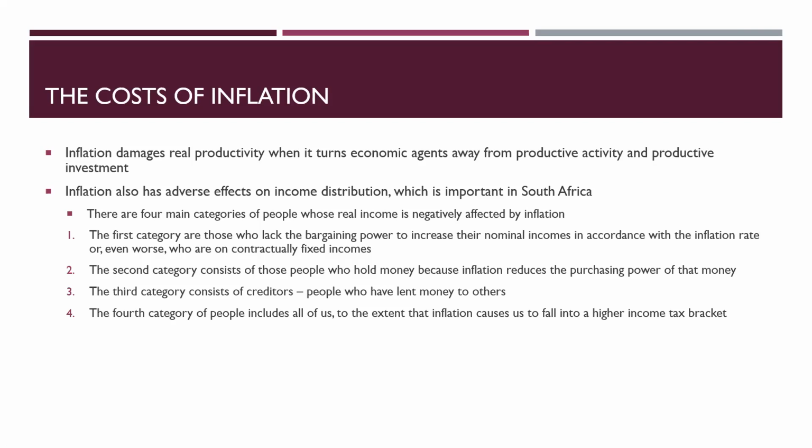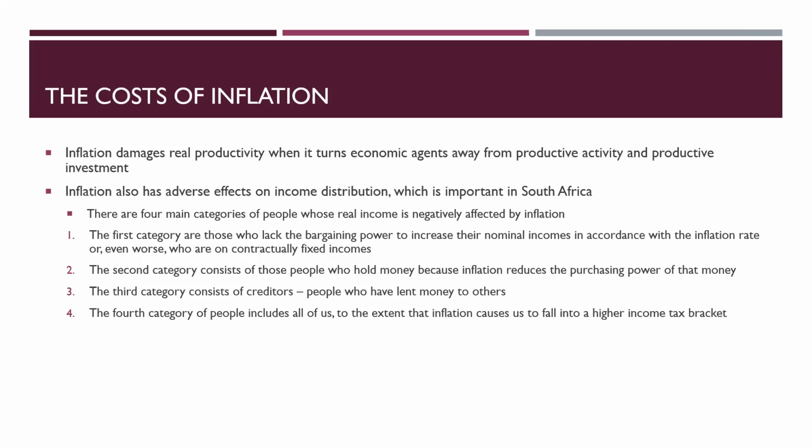Imagine you have stocked 5 million rand, and you wanted to invest it later in the form of cash. Now hyperinflation comes in. The purchasing power is eroded, and within a month, you won't be able to buy even a house using that 5 million. This is the second category of people who lose due to inflation.